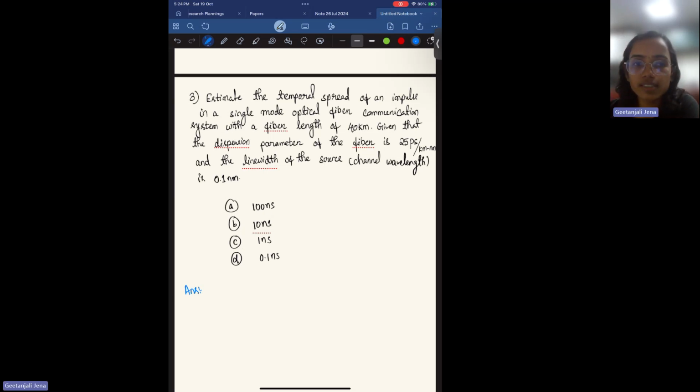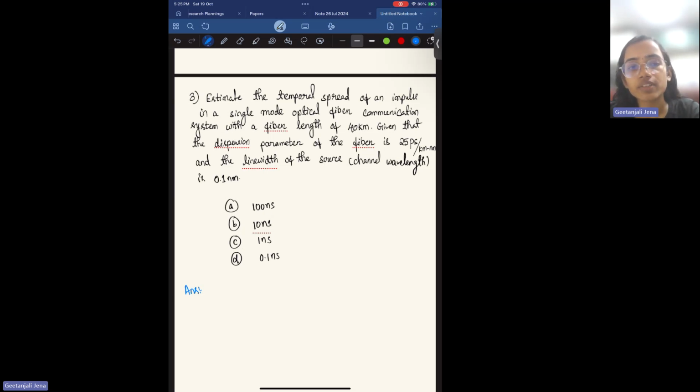The question says, let me read it out for you. Estimate the temporal spread of an impulse in a single mode optical fiber communication system with a fiber length of 40 km. So it is asking to find the temporal spread, and you are using a single mode optical fiber which has a length of 40 km.